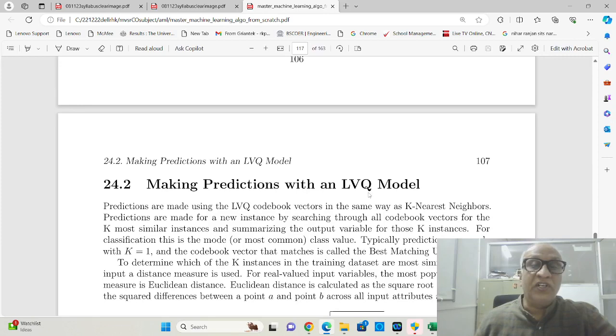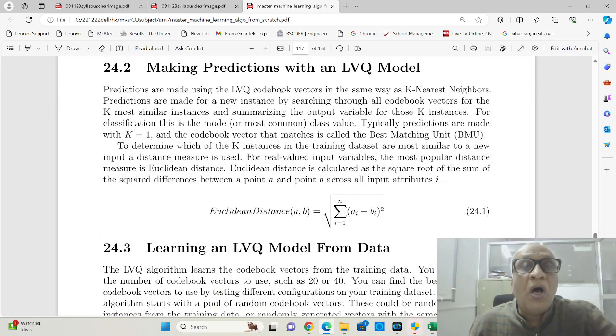Now, how do I make predictions using the LVQ model? It is similar to k nearest neighbor. For a new instance, predictions are made using the codebook vectors, finding the k most similar instances and summarizing the output variable for those k instances.